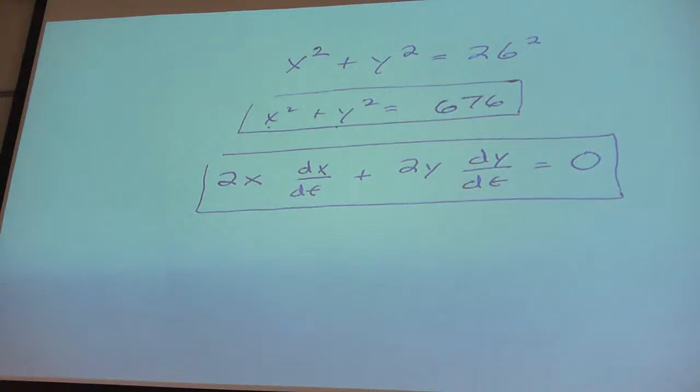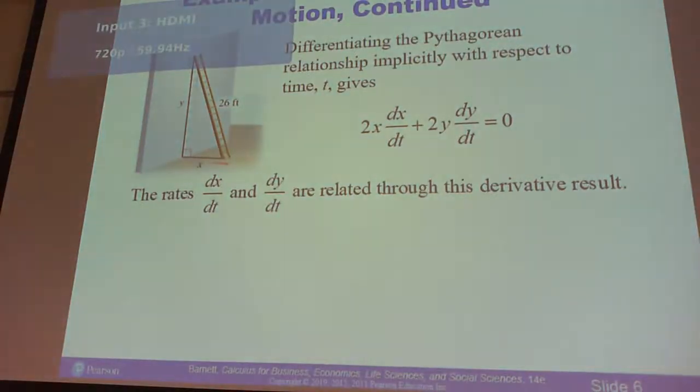That's the trick of this lesson, is that everything has to make sense. Any questions so far? Okay. Back to the notes. So dx over dt and dy over dt are related through the derivative result.